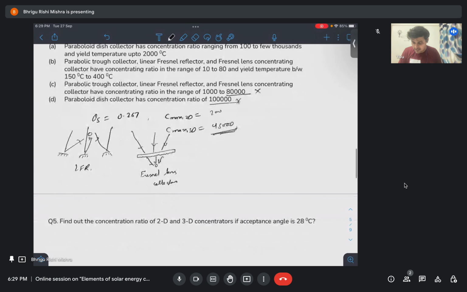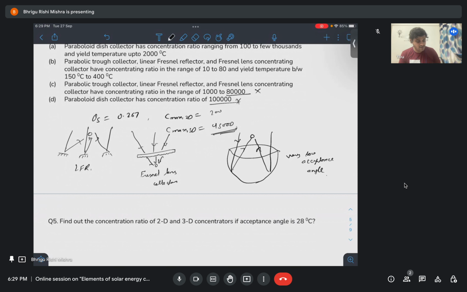So the paraboloid dish has this structure: it contains a paraboloid dish like this, and the receiver is this point receiver here. Whatever radiation is coming is reflected to this receiver, and it has a very low acceptance angle, so it requires tracking.